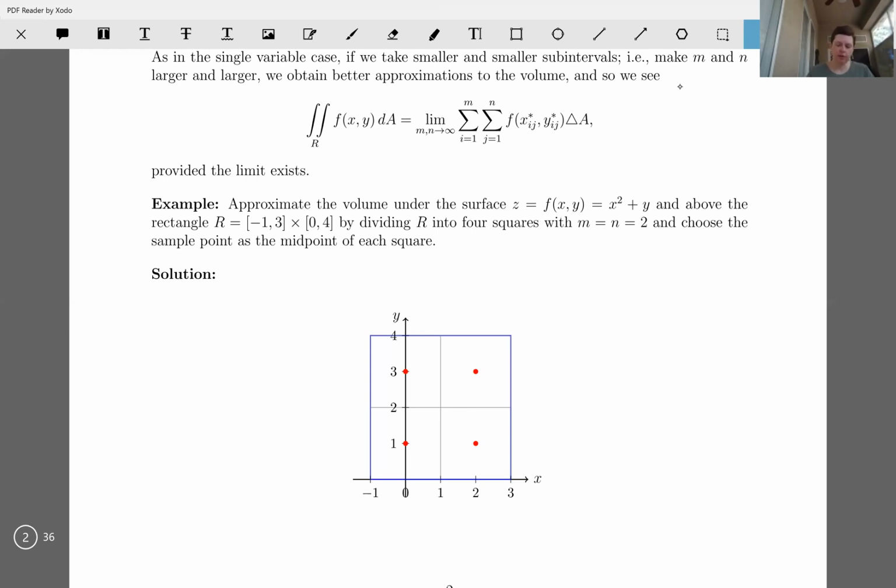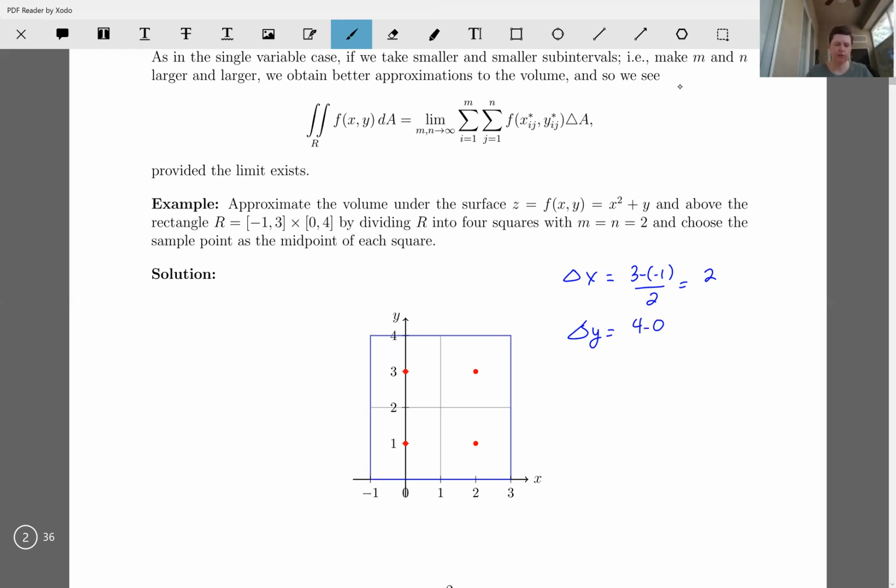Okay, so we quickly can see that delta x is going to be (3 minus -1) over 2, which is 2, and delta y is going to be (4 minus 0) over 2, which is 2. And so that tells us then that delta A is 2 times 2, also known as 4.